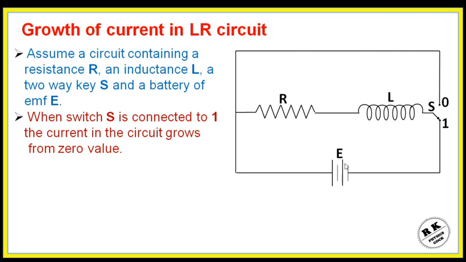Then this battery will be connected in the circuit. The current from the battery will flow through the resistance as well as the inductance and come back to the battery. If we assume the instantaneous value of current as I at any time t, then we can write equations accordingly.